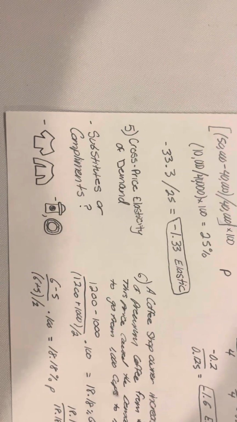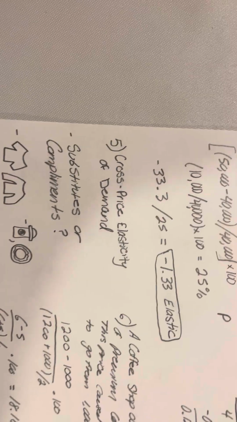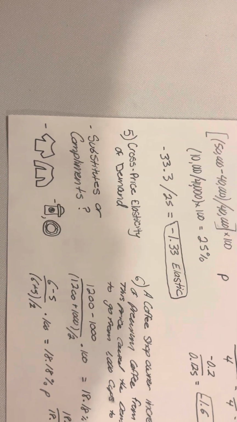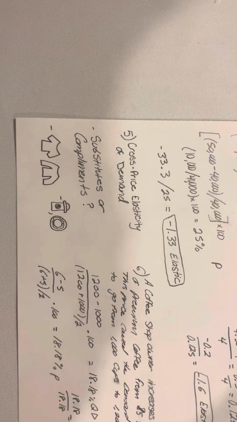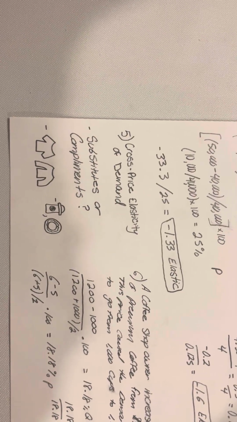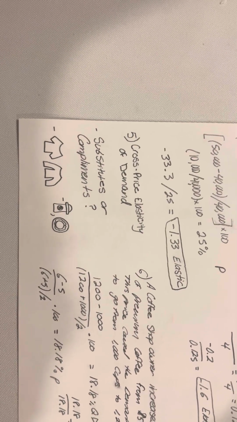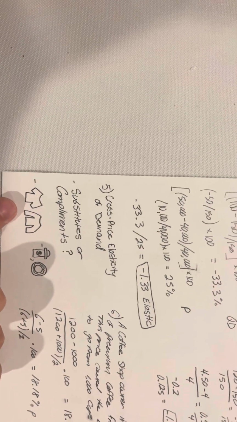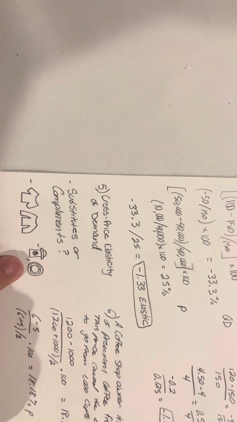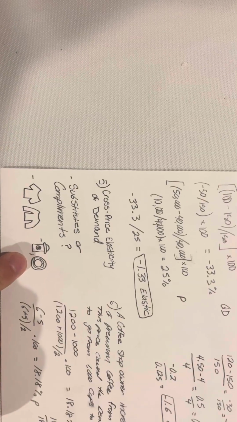So now we're going to talk about the cross-price elasticity of demand, which basically determines if products are complements or substitutes to each other. So for substitutes here, we have t-shirts and long sleeve shirts, and for complements, we have donuts and coffee.